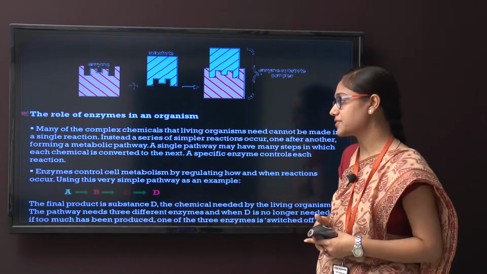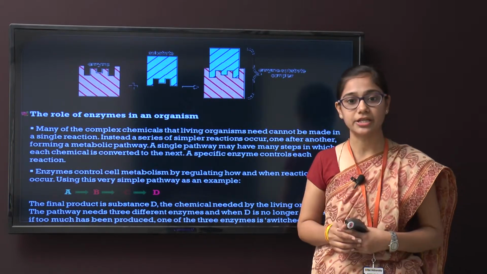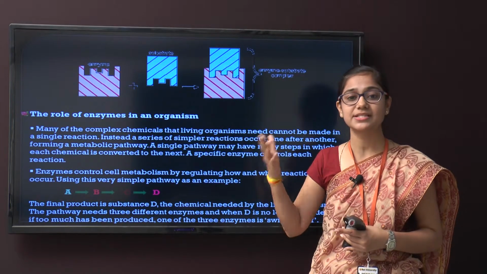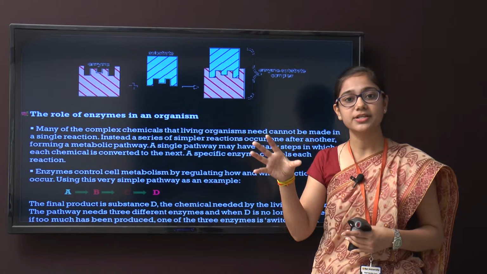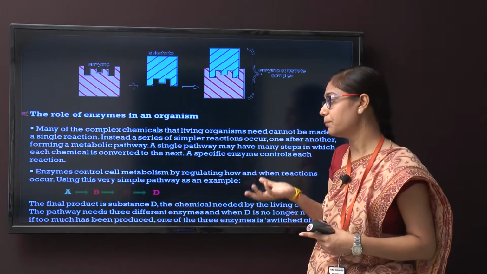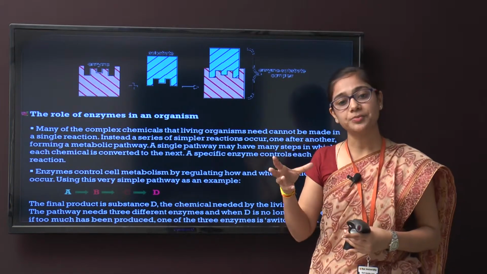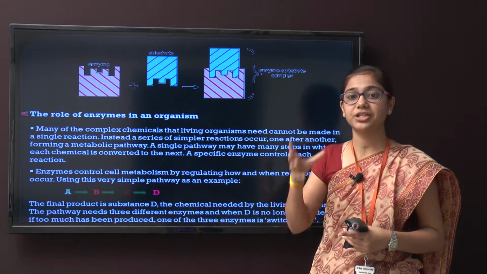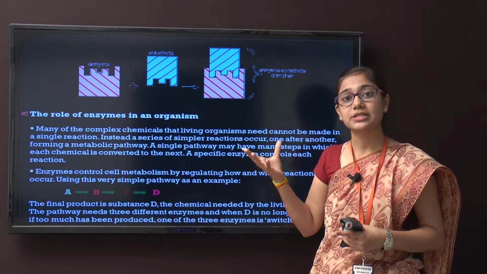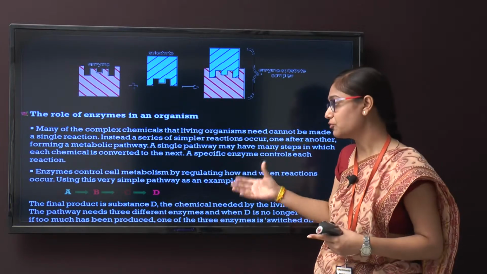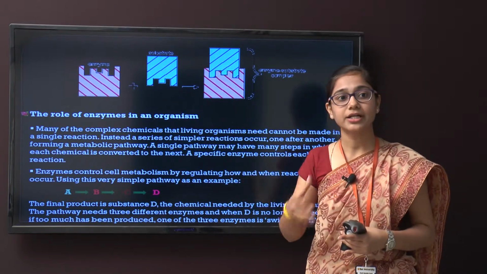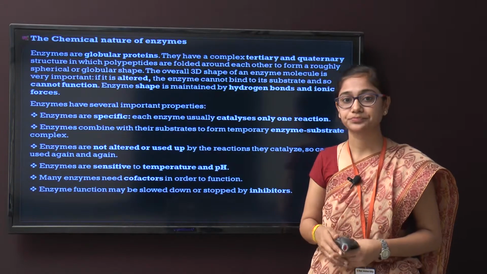This is a complex reaction. The final product is D. With A, enzyme 1 reacts and converts it into product B. With product B, enzyme 2 reacts and converts it into product C, and this product C is the substrate for enzyme 4, E4, and it is converted into D.